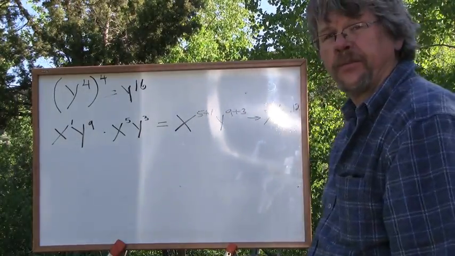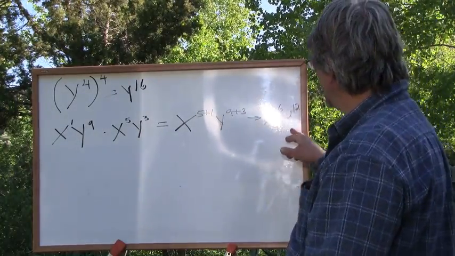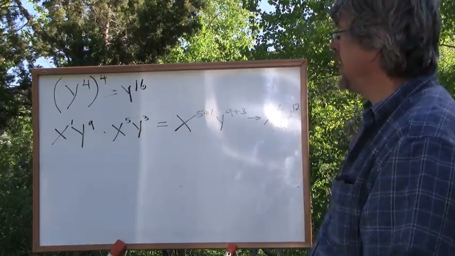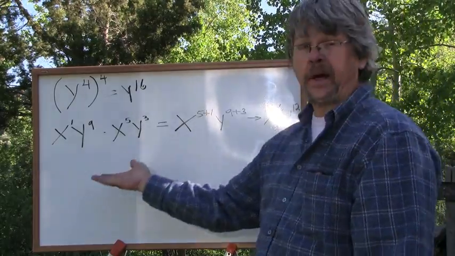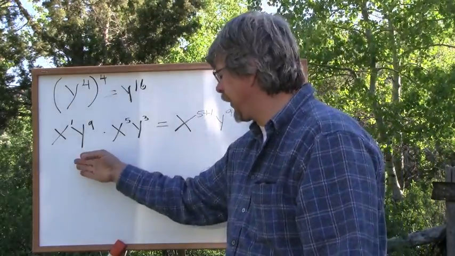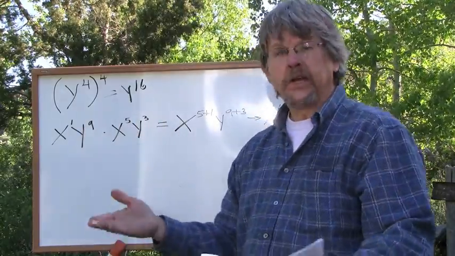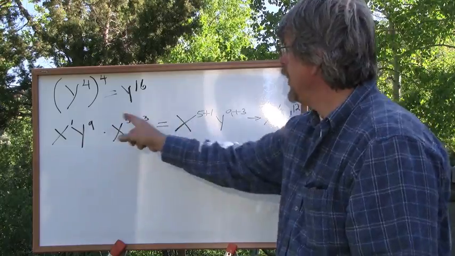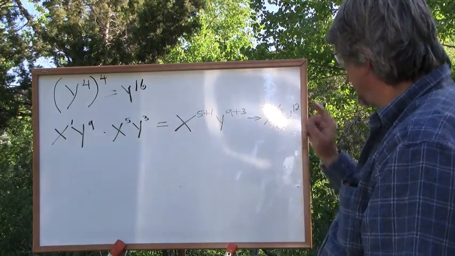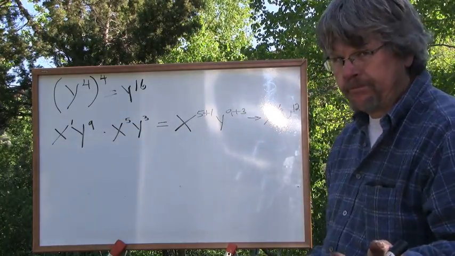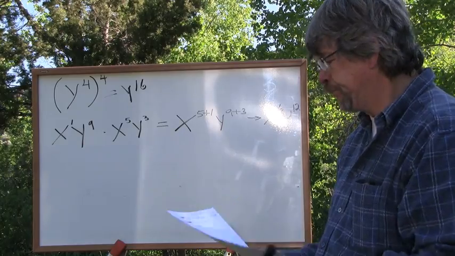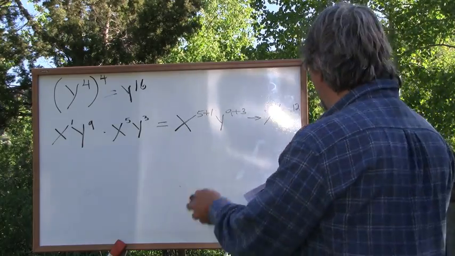And that's your answer. You can't combine the different variables, so you leave it just like that. So see, that's not that complicated, even though you have an x and a y times an x and a y, and you have different exponents, it's okay. Simply put it down and do your adding of exponents and get your answer. It's not that complex, is it? In fact, it's not complex at all.